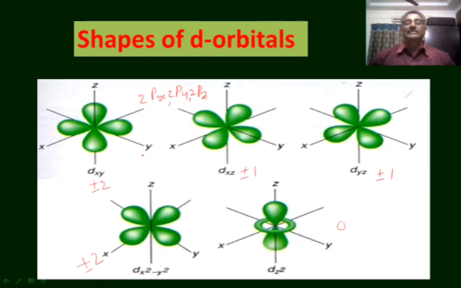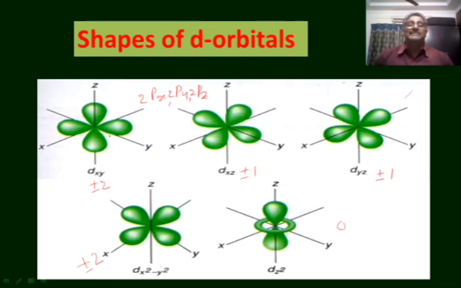In the same way, all 5 d orbitals in a particular main energy level, either the third or the fourth, possess the same amount of energy. So these orbitals are degenerate orbitals.